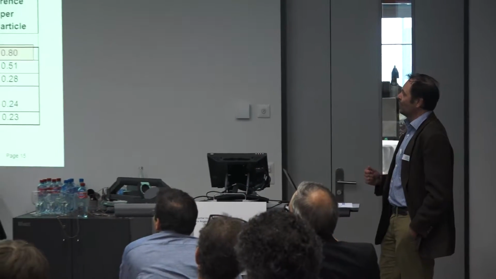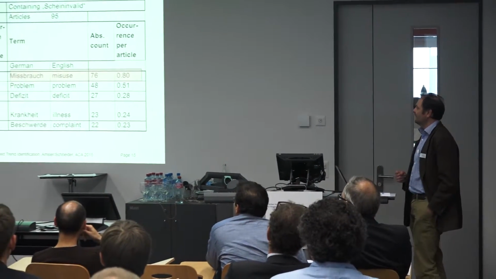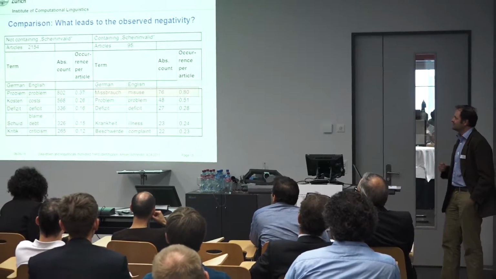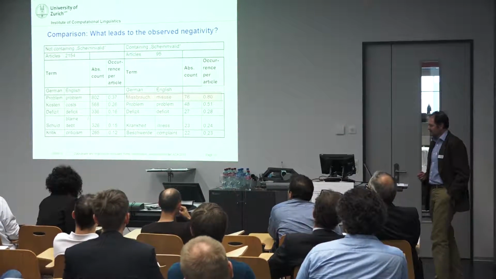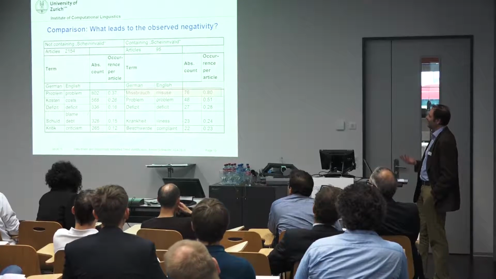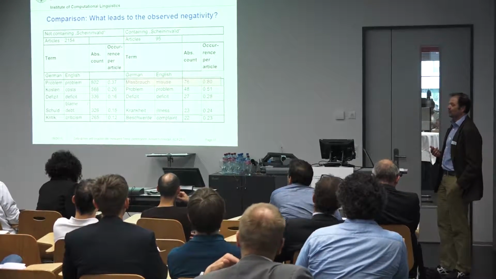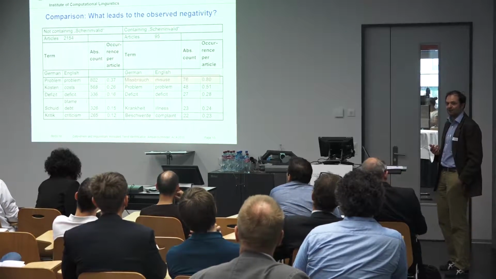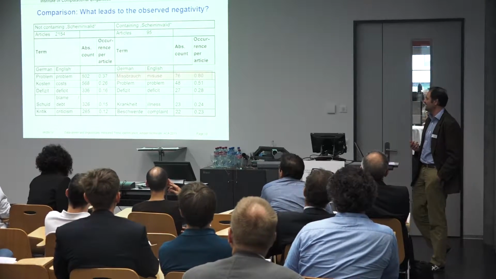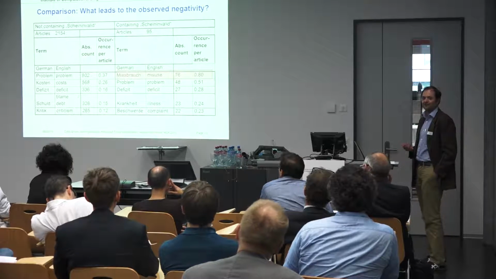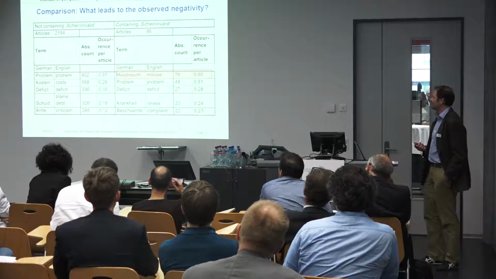Again, a very simple approach. We look at which other words are most likely to occur. And we see that generally, so articles not containing Scheininvalid but which are negative have the most important word problem in it, which is not surprising. So things are challenging, costs, deficit, so it's very often financial restraints.